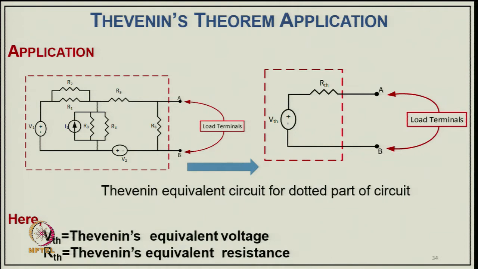We call this the Thevenin equivalent circuit for the dotted part of the circuit, where VTH is the Thevenin equivalent voltage and RTH is the Thevenin equivalent resistance.